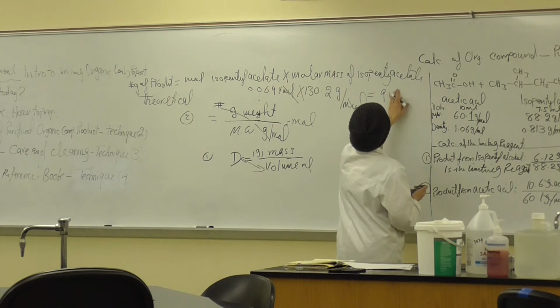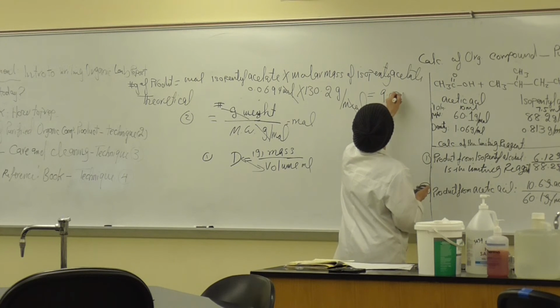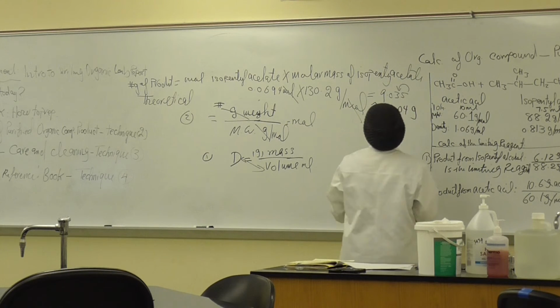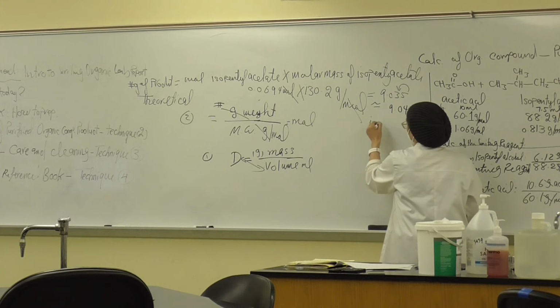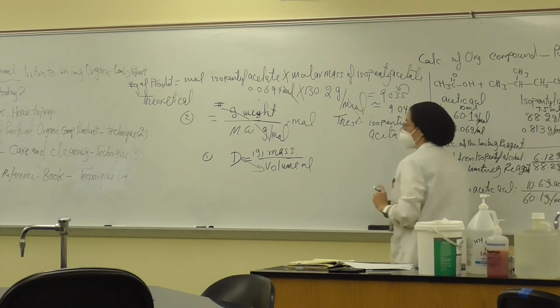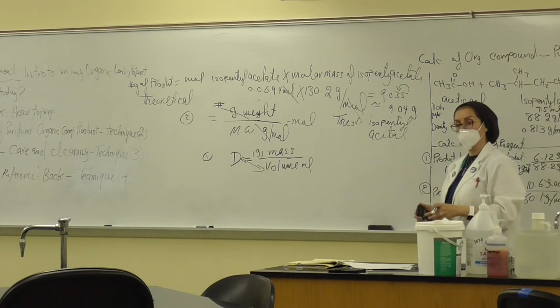So we're going to have like 4. In other words, I'm going to round it, so it is going to be 9.04 gram of the isopentyl acetate, theoretical. Okay? Now we get to the end.